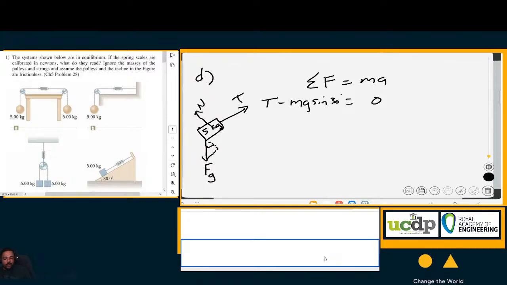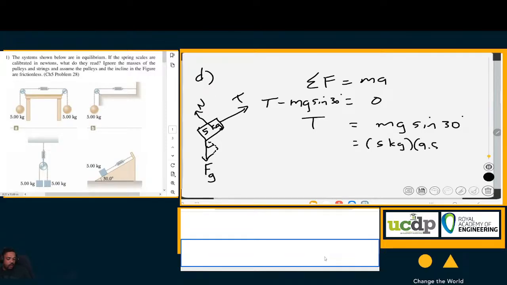Now for the vertical component, you only need that if you want to work out the normal force, but we are looking for the tension because it's the tension that's going to give us the reading on those scales. So the tension is equal to the horizontal component of this gravity. So it's mg times the sine of 30 degrees. Now mg, the mass is 5 kilograms.